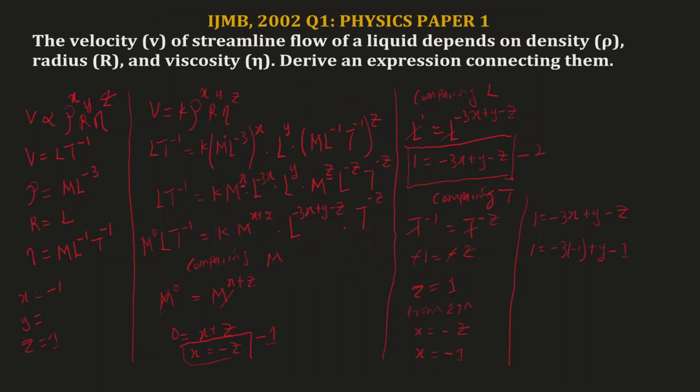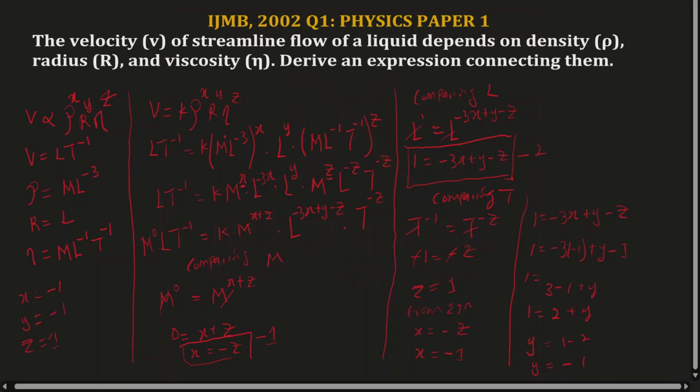So 1 equals 3 minus 1 plus y, so 1 equals 2 plus y. Subtract 2 from both sides, we have y equals 1 minus 2, which is negative 1. So y is equal to negative 1.